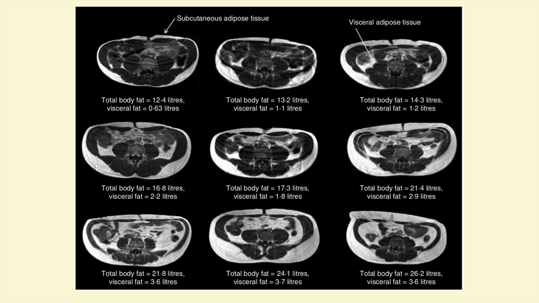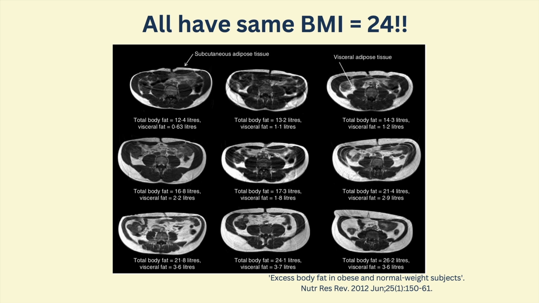The surprising thing that I want you to think about is that these people all have the same BMI. That's a normal BMI. That's not overweight. So if you went and got seen by your doctor or someone else who measured your BMI, they'd calculate it and say, oh yeah, that's okay.